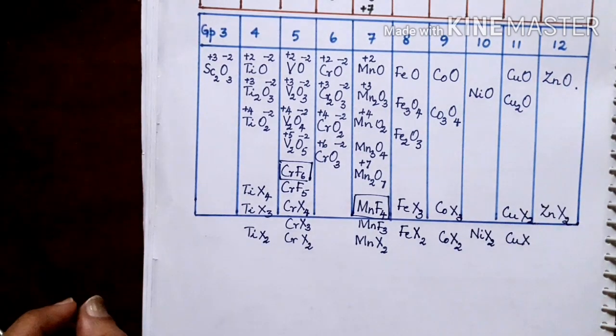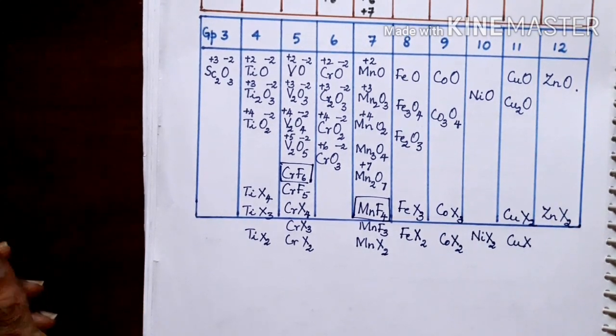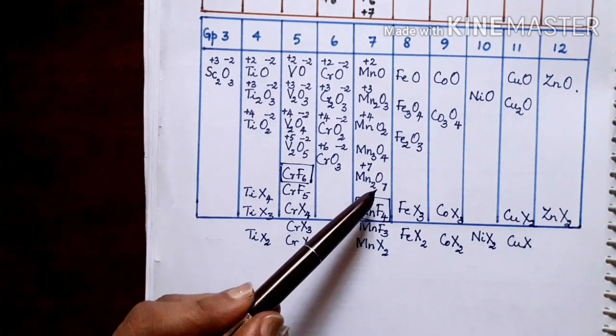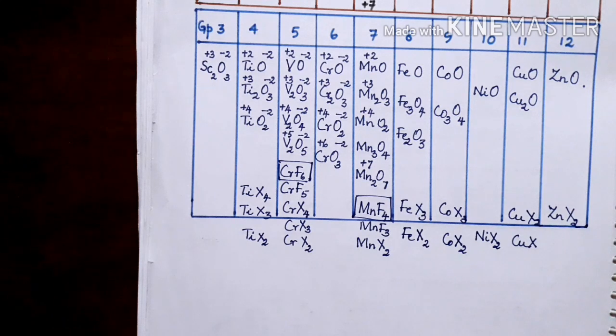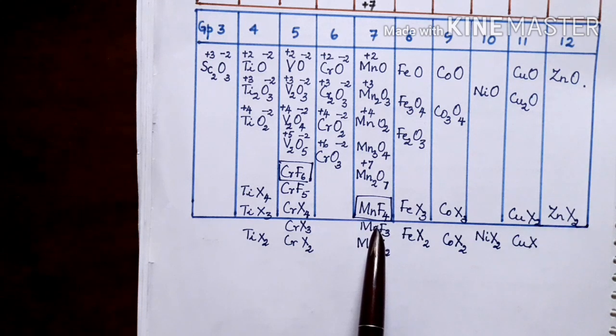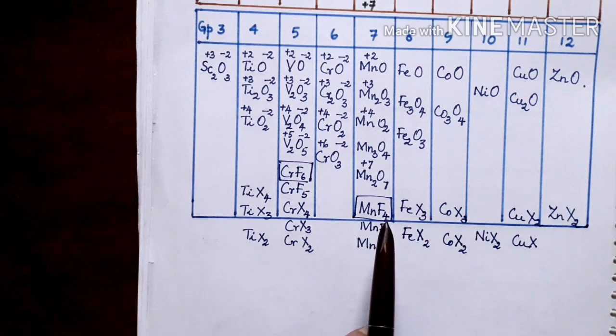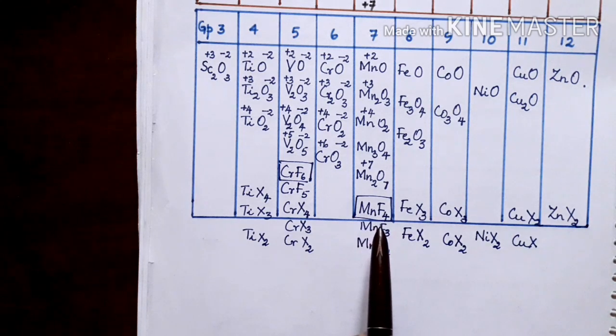Hope it is clear. So on comparison, we find that the highest oxidation state is exhibited either in its oxide or halide. When we check the halides, you find that the highest oxidation state is shown by fluorides, and the reason is that fluorine is the most electronegative element, and due to its small size and high electronegativity, it can make the metal get oxidized.